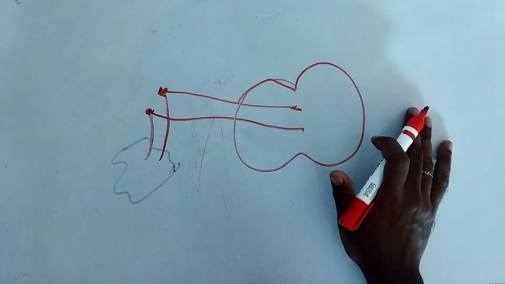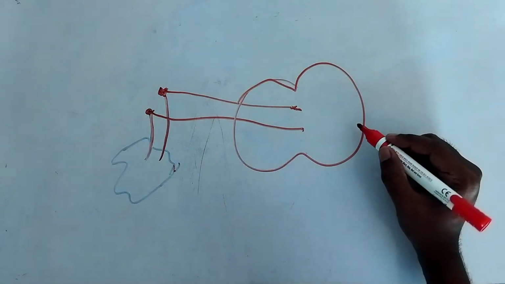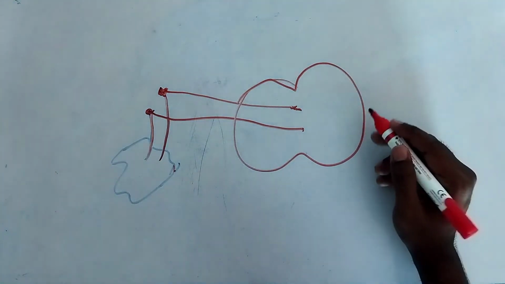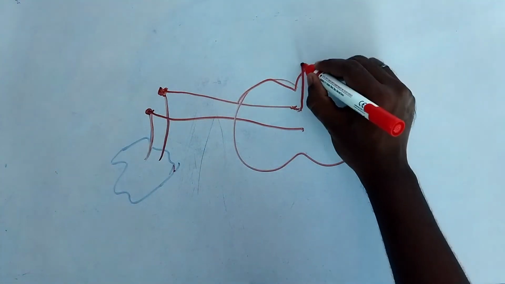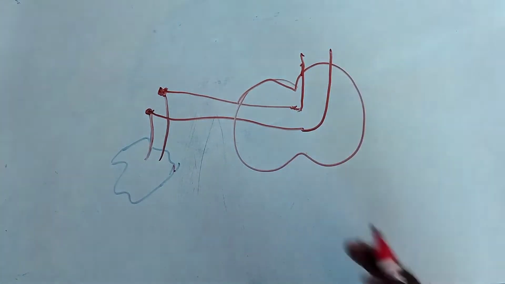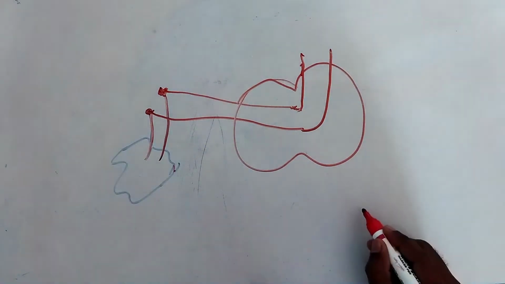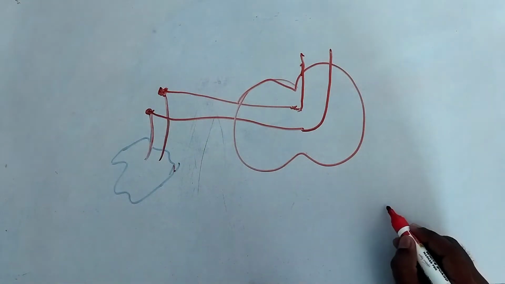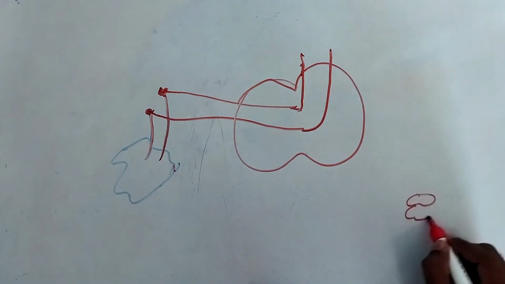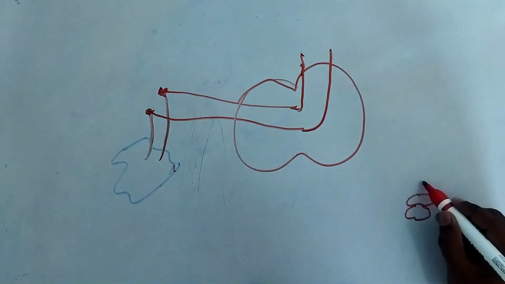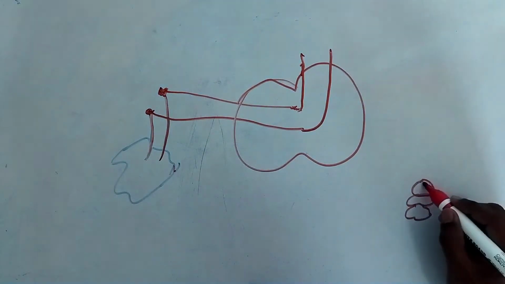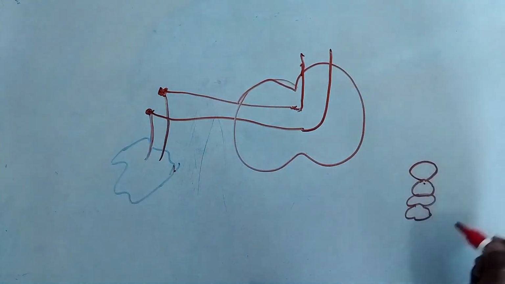From the spinal cord, these fibers ascend through nerve fibers towards the medulla. In the brain stem, the medulla oblongata is connected with the spinal cord and the pons, and the pons is connected with the midbrain.